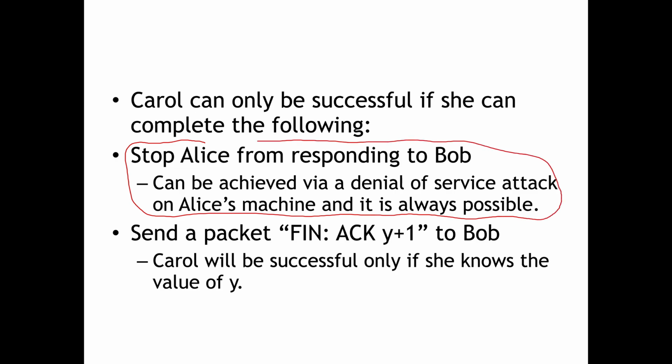Now there are ways of doing this. Most commonly, this is achieved using a denial of service attack. In other words, what Carol could do is flood Alice's computer with packets using a third party or a fourth party server or a computer.